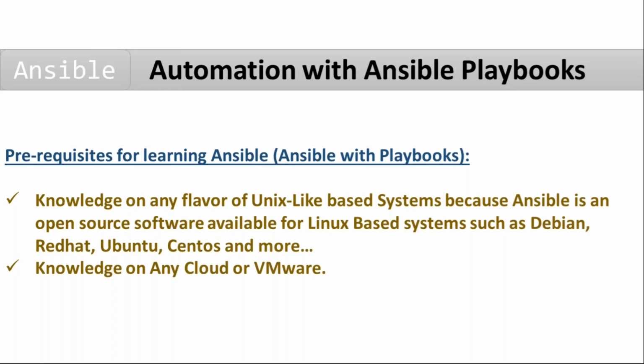Along with that, you should have some knowledge of any cloud or VMware, because we know that Ansible is used to work with multiple servers at a time. Now, while practicing, you should have a number of servers in your hand, right? So that's why, while practicing, to get a number of servers, I am using either cloud or VMware. I mean, I'm going to create a number of servers from cloud or VMware. Anyway, I will create them from AWS cloud, but you can take any cloud or VMware just to launch your servers.